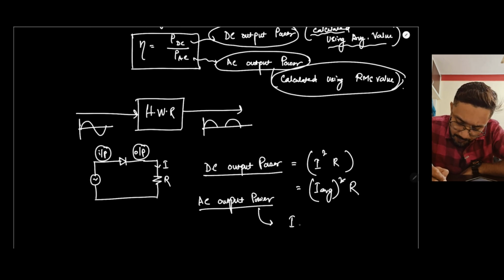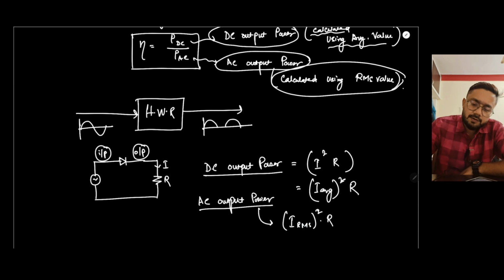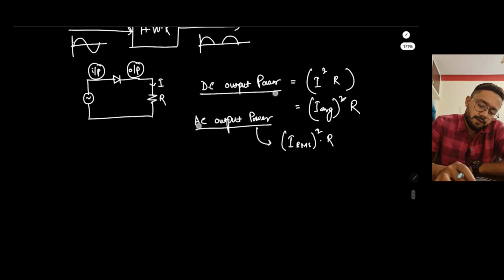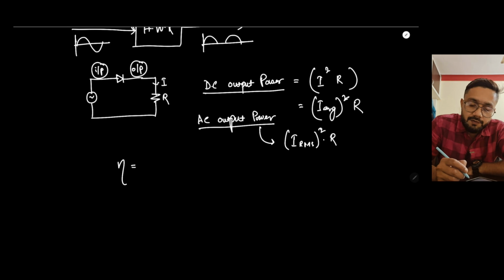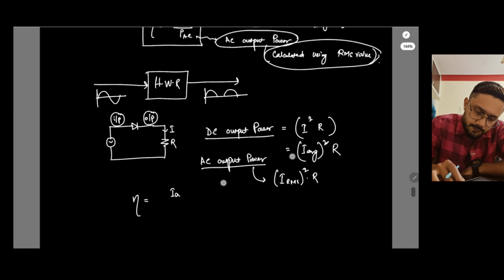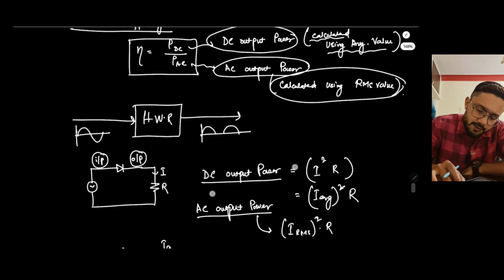So AC output power will be I RMS whole square into R. So what will be the conversion efficiency of the half wave rectifier? See, what was the formula?